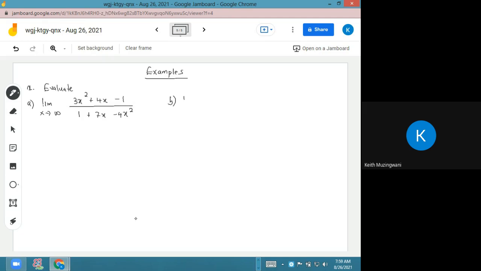B, the limit as x goes to negative infinity of negative 4x to the power 3 minus 3x plus 7 over 3 plus 5x squared minus 7x to the power 4.